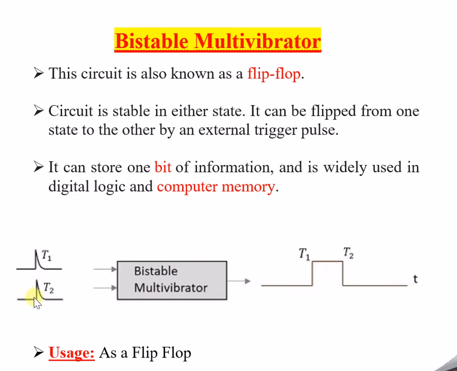Since we are applying one more trigger pulse at a different time instant, it has a different state. Both are stable. On state is stable for time t1, and it enters the off state, which is again stable. So hence it has two stable states, one on state until time t1 and off until time t2.